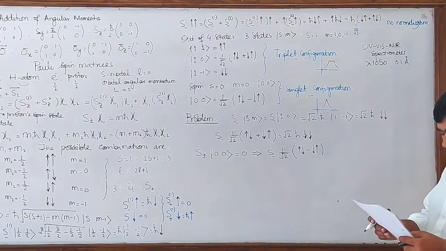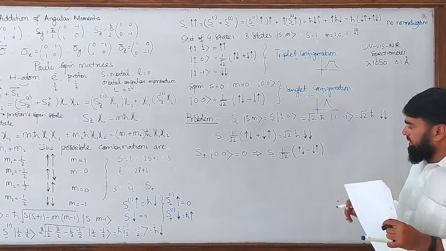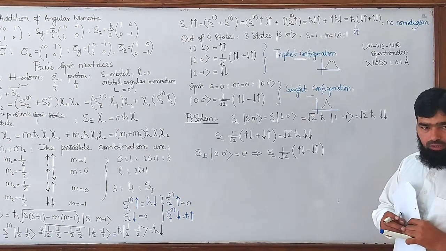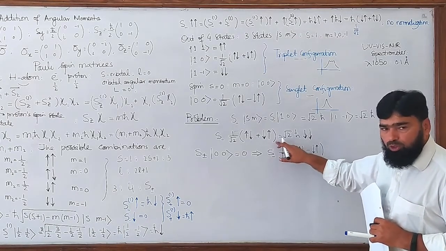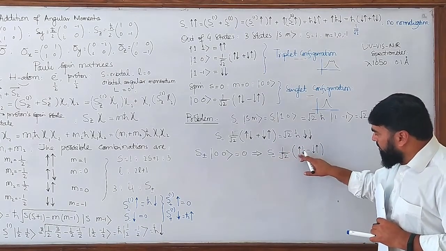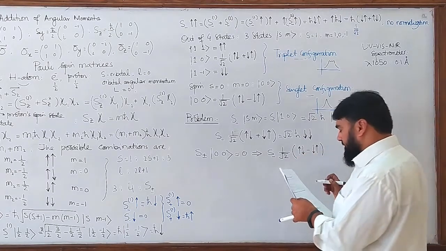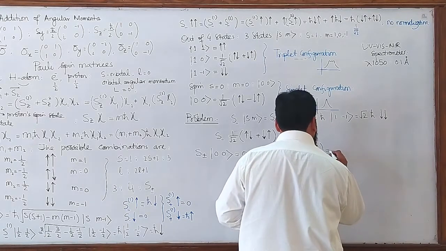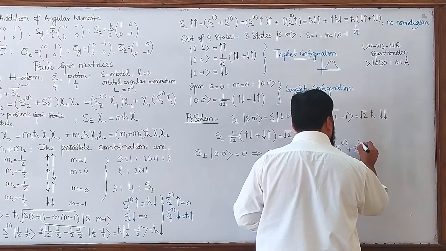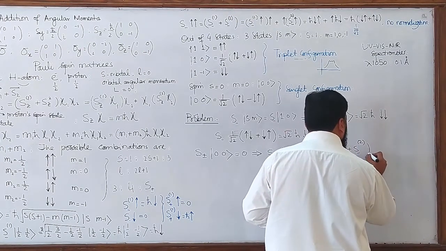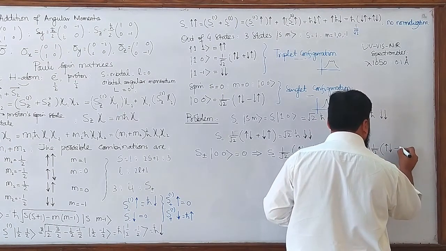And now write S minus is a double combination, because S minus will have S minus 1, S minus 2. S minus 1 will operate on the first state, S minus 2 will operate on the second state. So I can write that this is S minus 1 plus S minus 2, and it operates on this up down and down up.